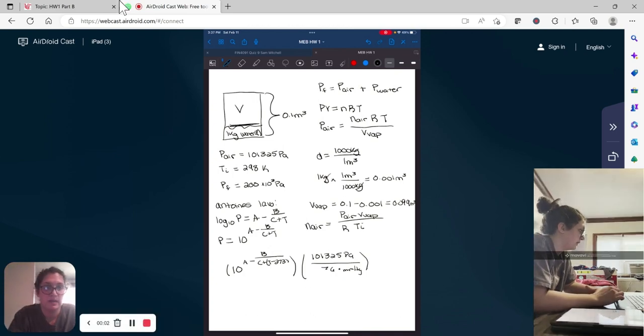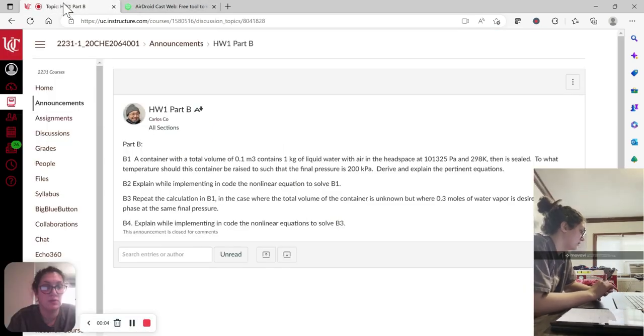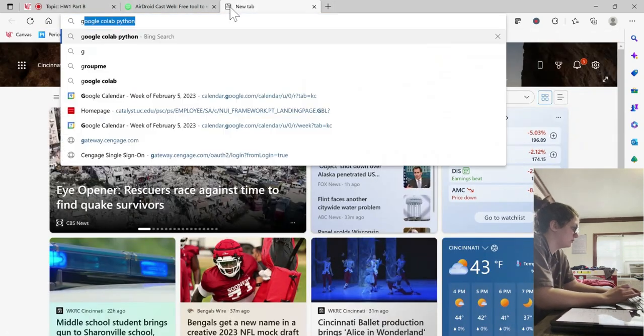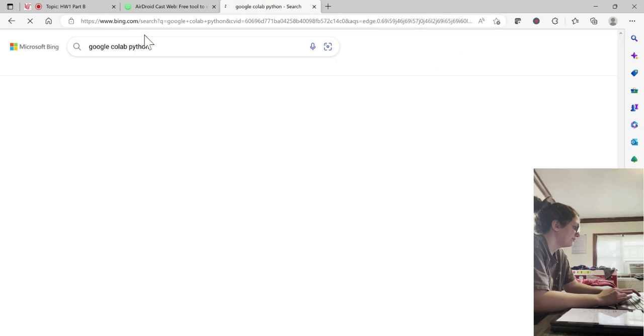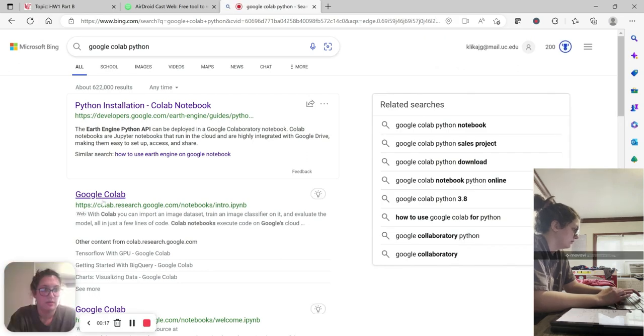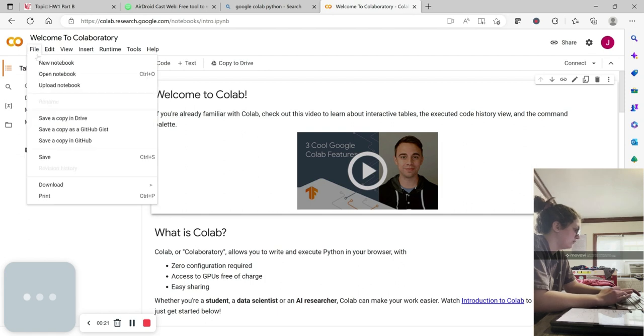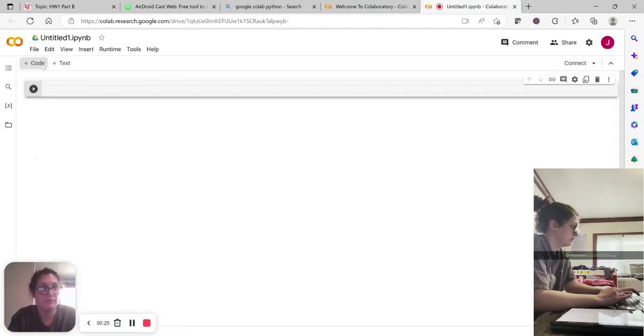So we can go ahead and take a look at B2. So we're going to explain while implementing in code the nonlinear equation to solve B1. So I'm going to pull up Google Colab and open up a new notebook so that we can start our code.